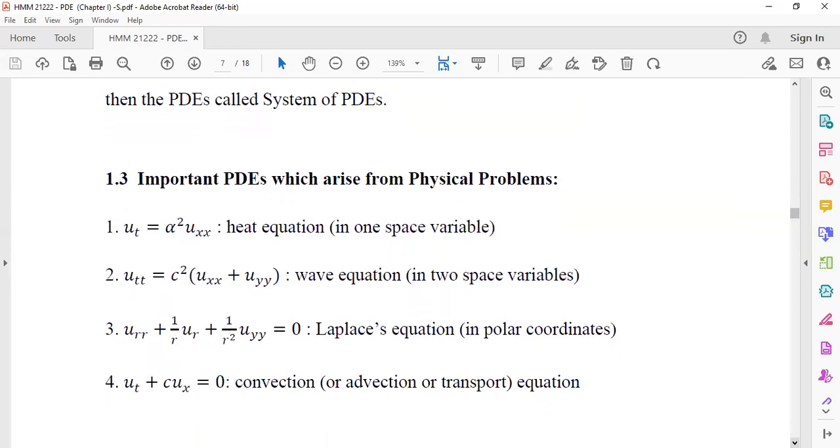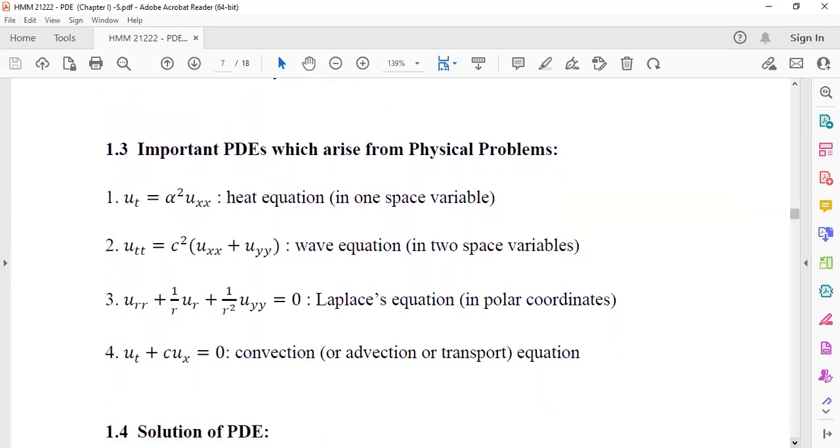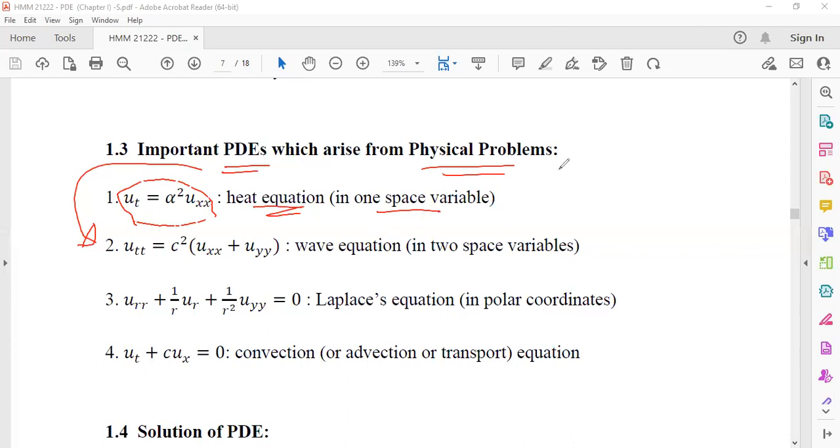Now let's see some very important PDEs that are used in our real life environment, for example in physical problems. This is a famous PDE we call the heat equation in one space variable. What do you think one space means?